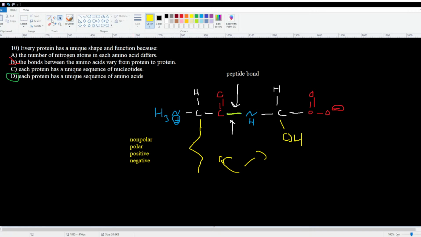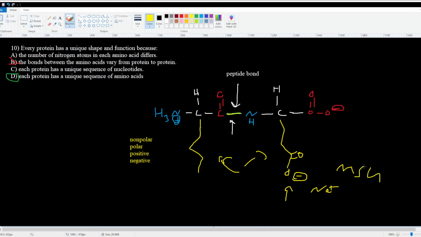So what does a positive and negative one look like? Well, let's draw glutamic acid, otherwise known as glutamate, right? It has this carboxyl group at the end, and it's going to be negatively charged. This is what makes your food so delicious. This is glutamate, and when you add a sodium to this, it becomes monosodium glutamate, otherwise known as MSG.